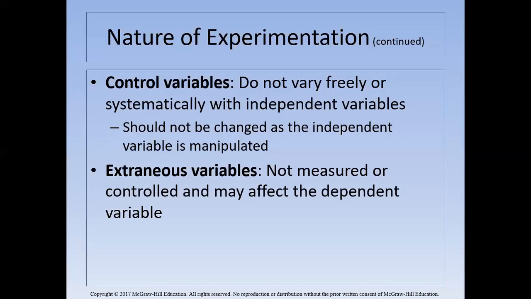So you have dependent and independent variables. When they are controlled, nothing is changing unless the independent moves up, then you see the dependent goes up or down, or the reverse. So that's what the control variables are doing. Nothing from outside is being controlled. The extraneous variables are not measured or controlled and may affect the dependent variable.